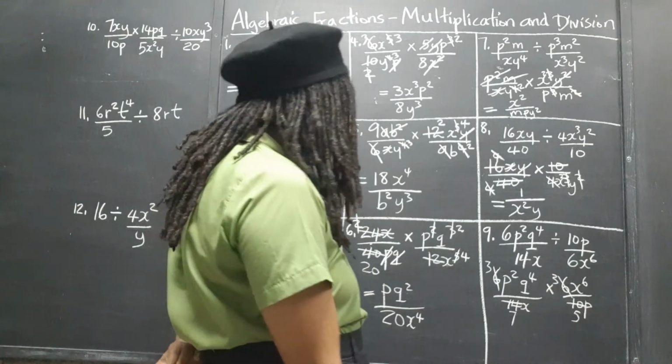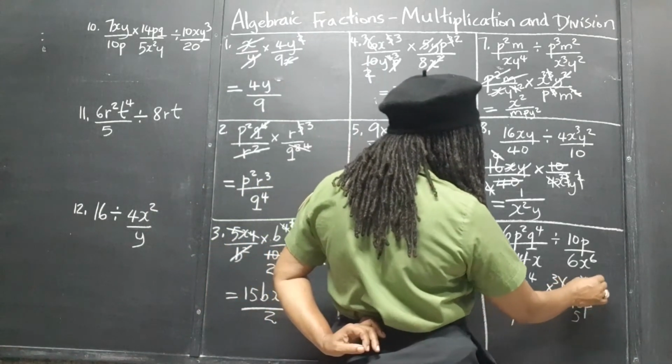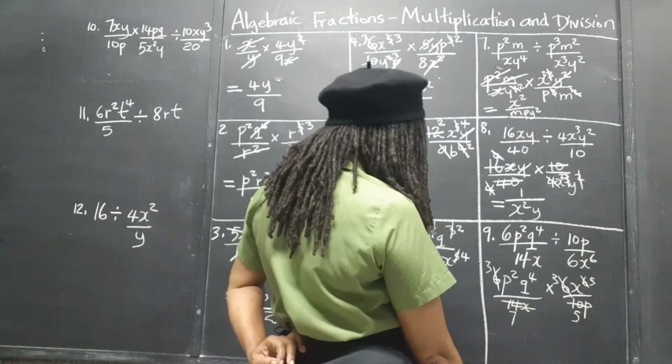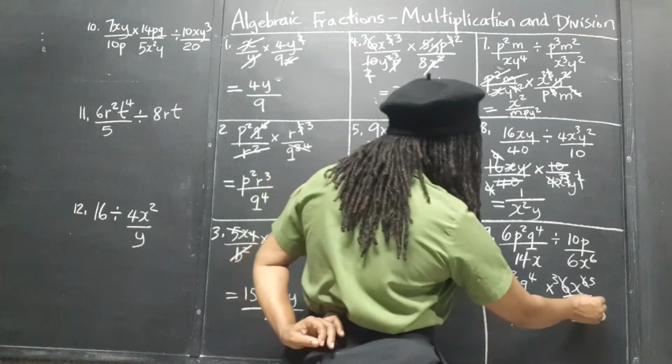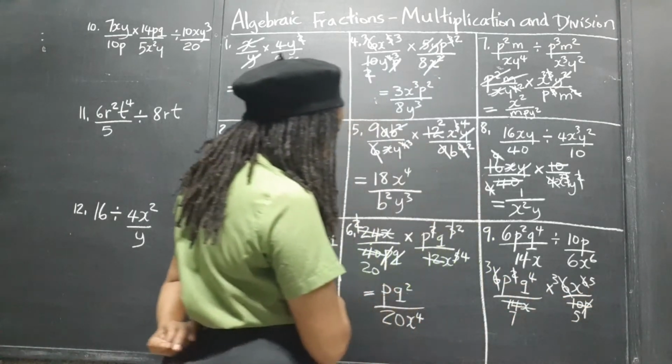And in terms of the variables, this x will take 1 out of that, leave 5. And this p will take 1 out of the p, leave just p.